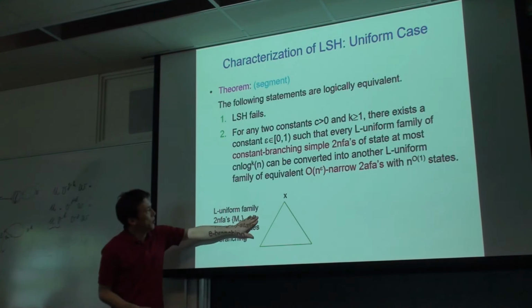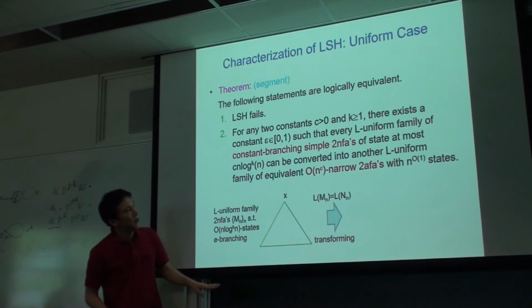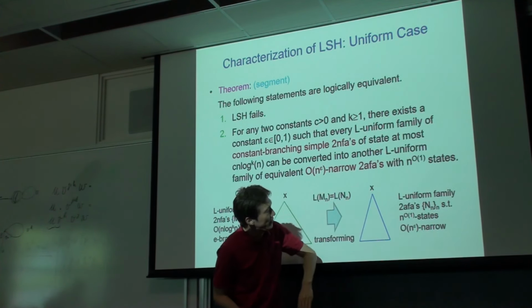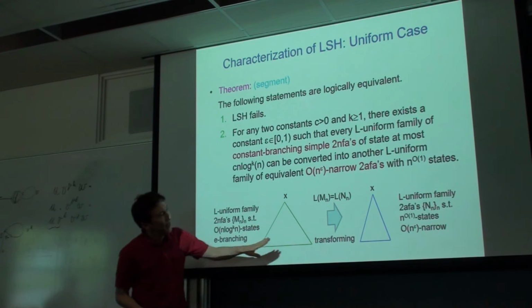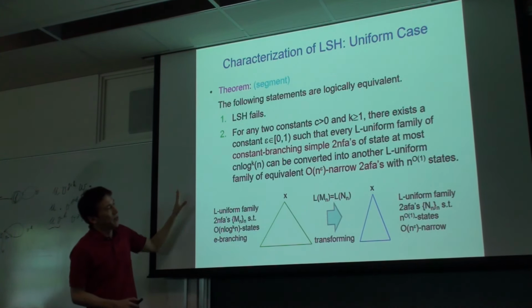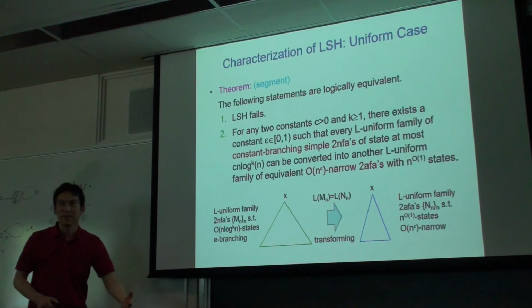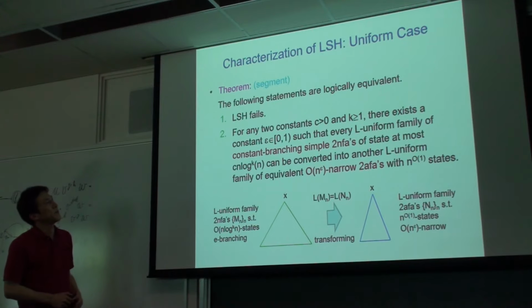Any L-uniform family of simple 2NFAs using these states and constant branching can be converted into an L-uniform family of 2AFAs using a polynomial amount of states compared to this one, and n to the epsilon narrow. If you can make this transformation, then that is equivalent to saying that LSH is wrong, or the other way around. So this is just an if and only if characterization.